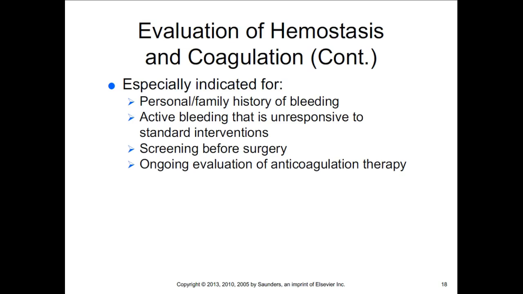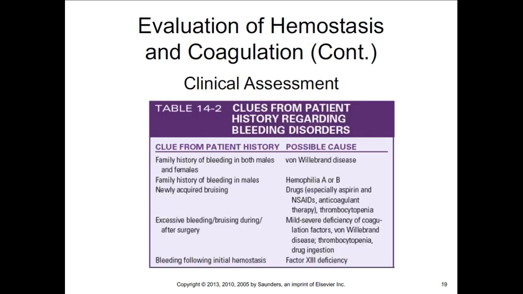Then also things like if you've had a reaction to anesthesia, that's also really important. So surgery and questions that may indicate any prior history for bleeding or any other concern during surgery is obviously important to keep track of. And then ongoing evaluation of therapies that are anticoagulative.